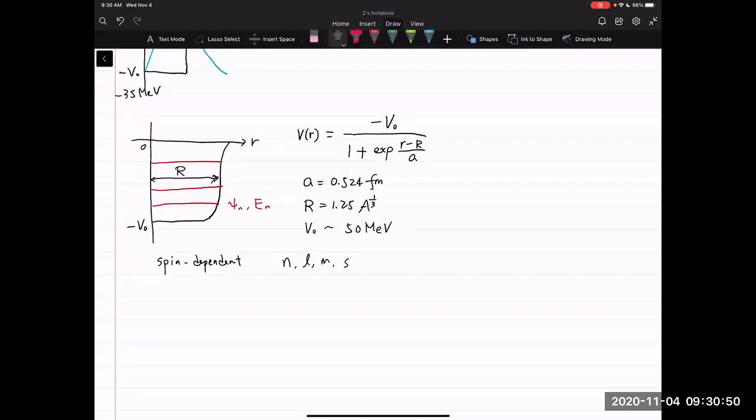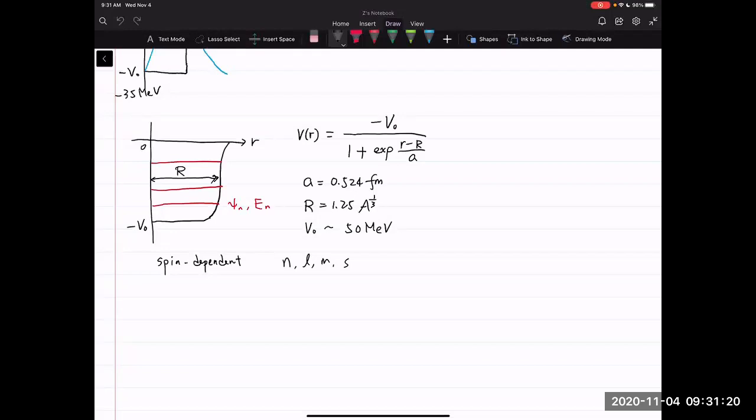But the important thing is that they are discretized. When we consider heavier and heavier nuclei with more neutrons and protons, the neutrons and protons come in by filling those energy levels, starting from the lowest energy state. For each n, we can have multiple l.